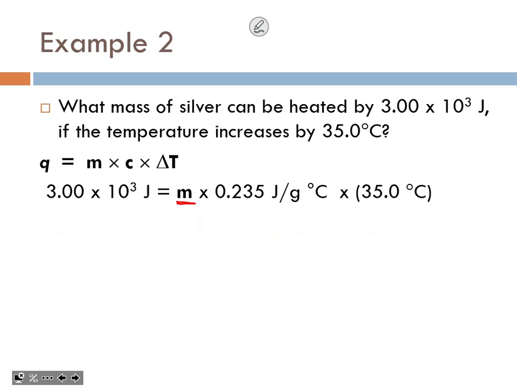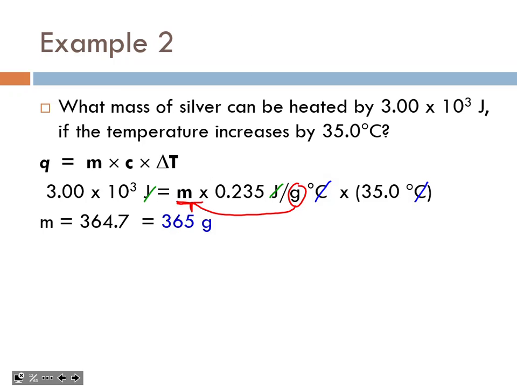Once again, you would see cancellation of units. Joules would go, and then of course we end up with our gram unit, which makes sense because we're trying to find a mass anyways. And then when you do all the algebra and divide and multiply, you should end up getting 365 grams. Does that make sense? Yes.